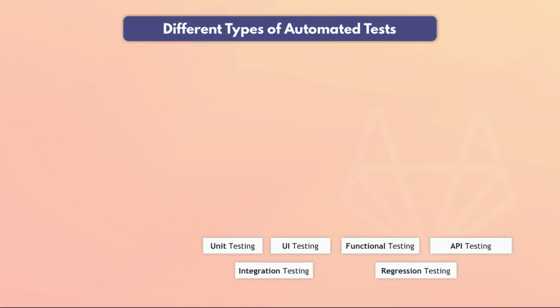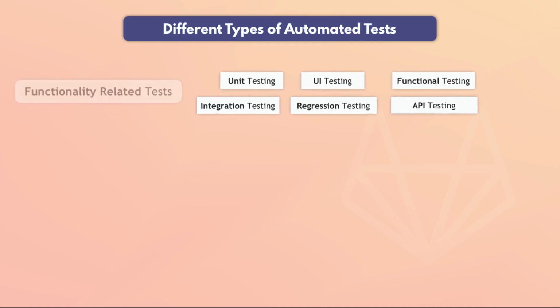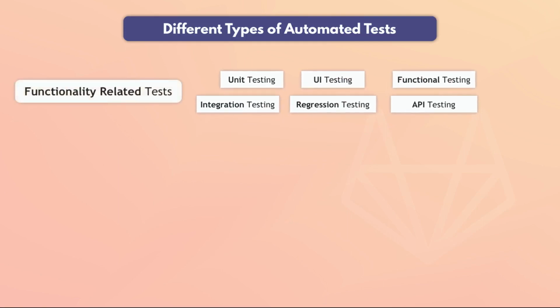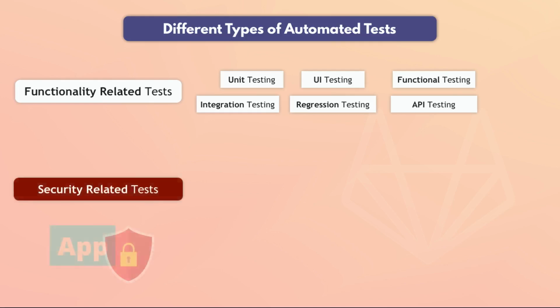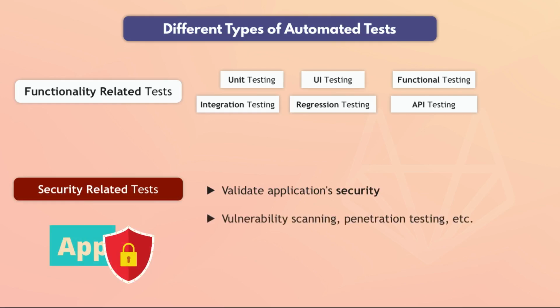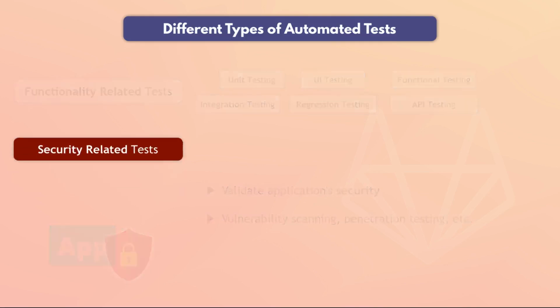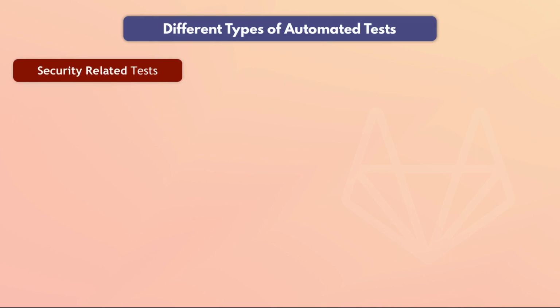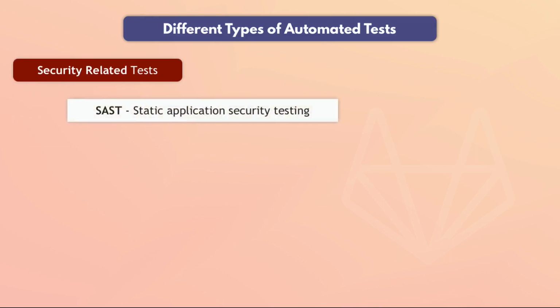Now, the tests that I just mentioned are all application logic or functionality related tests. We also have tests, or we want to have tests that validate application security, like searching for any security issues or vulnerabilities, etc. One of such tests is what's called SAST, as I mentioned, which stands for Static Application Security Testing.